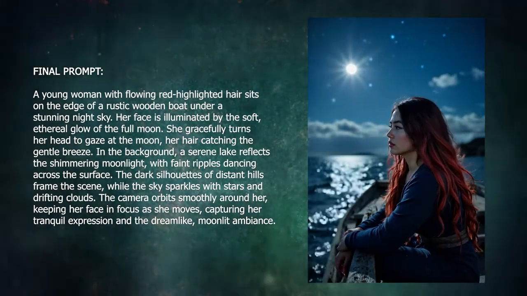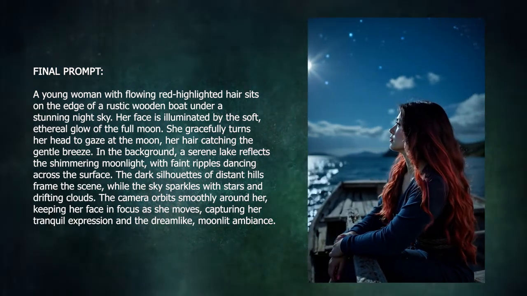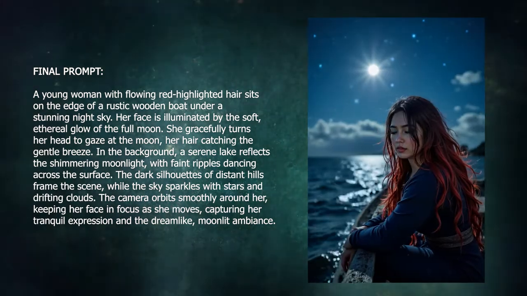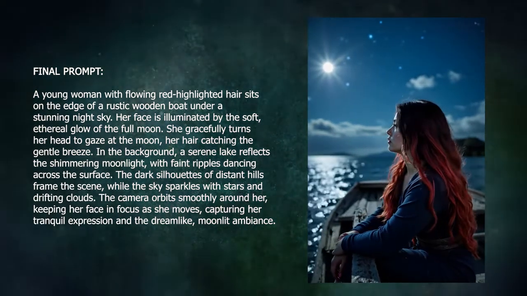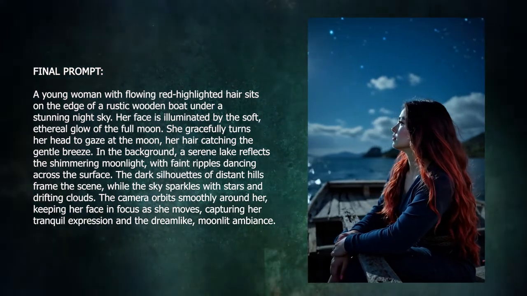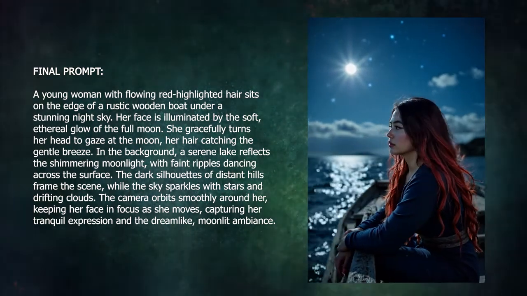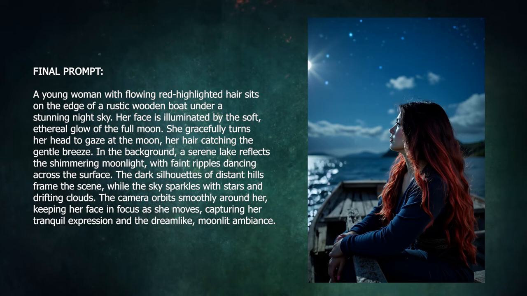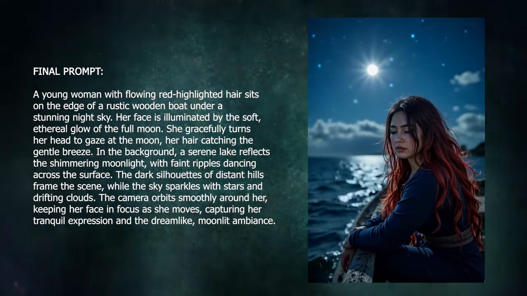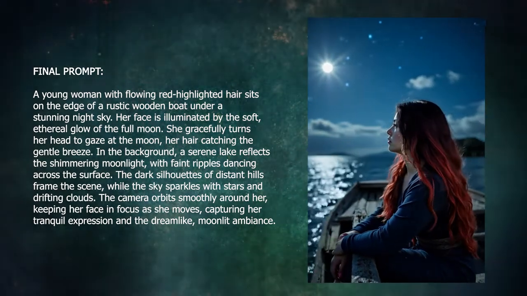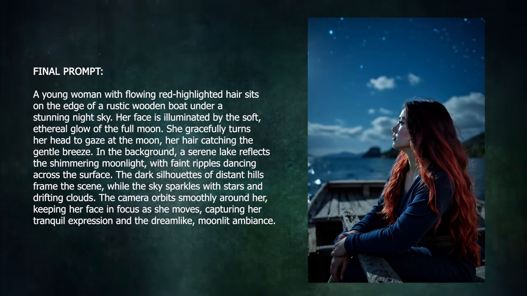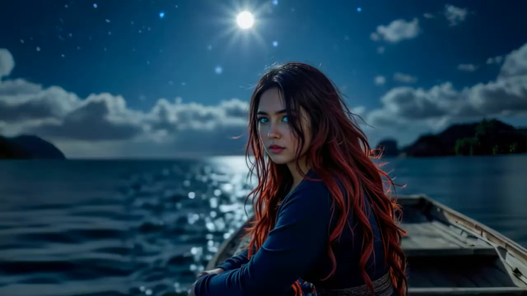In the background, a serene lake reflects the shimmering moonlight, with faint ripples dancing across the surface. The dark silhouettes of the distant hills frame the scene, while the sky sparkles with stars and drifting clouds. The camera orbits smoothly around her, keeping her face in focus as she moves, capturing her tranquil expression in the dreamlike, moonlit ambience.